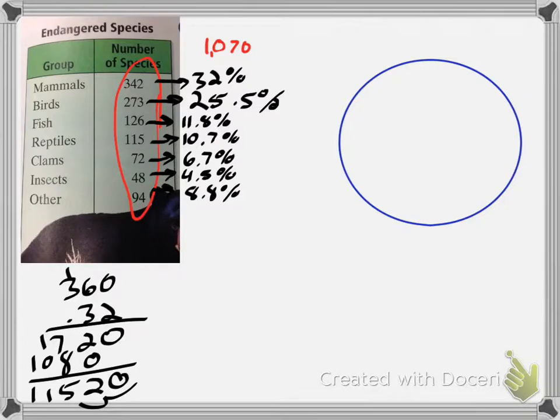So now I know how to do 115 degrees. What I'm going to do is use a protractor to find 115 degrees. This is my 180 degree line. 115 degrees from there would be right there. So this is my mammals, or my 32%.